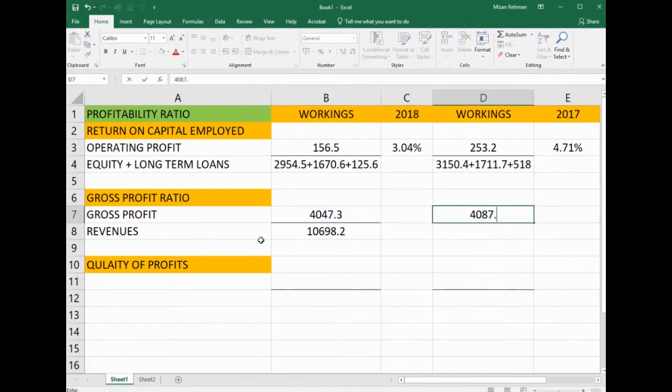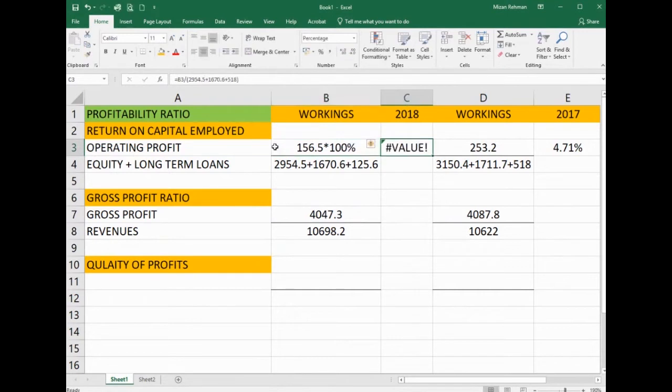and 4087.8 divided by 10622. One thing, guys, I didn't do here was multiplying by 100%.